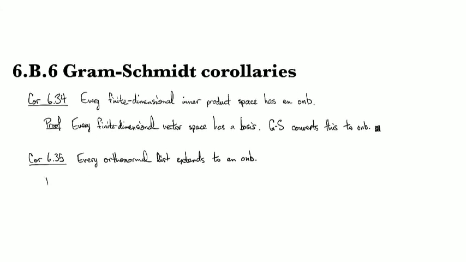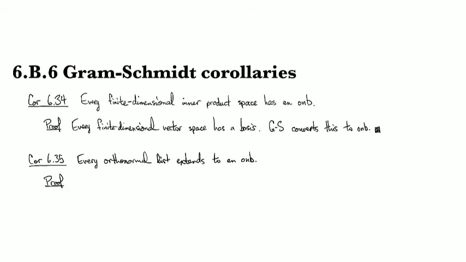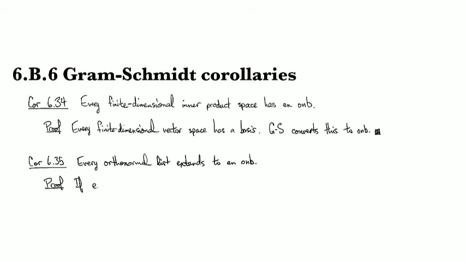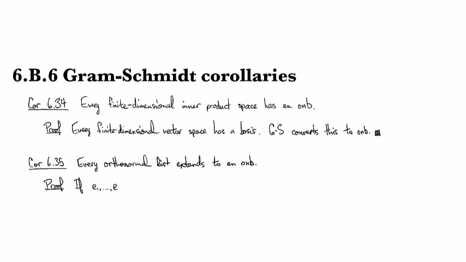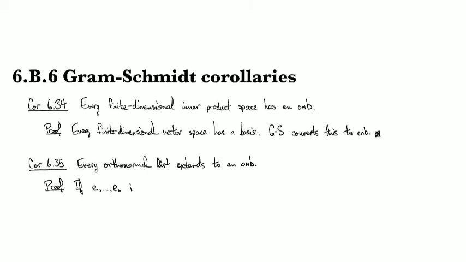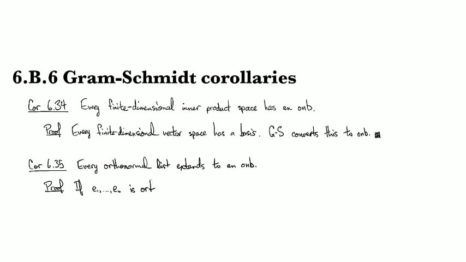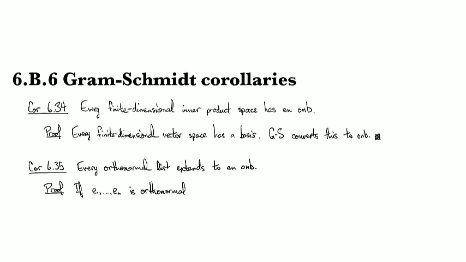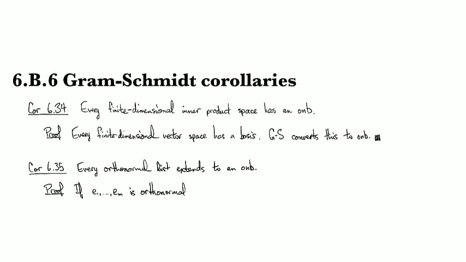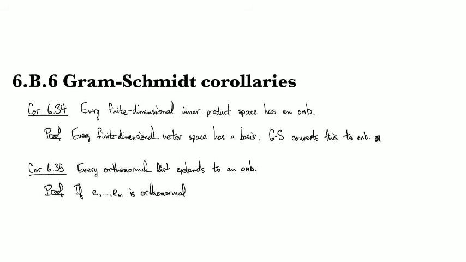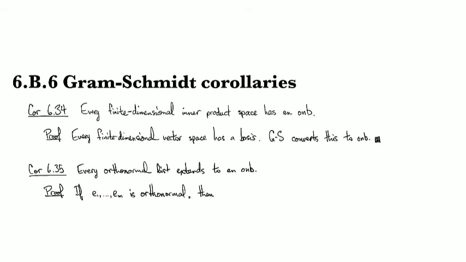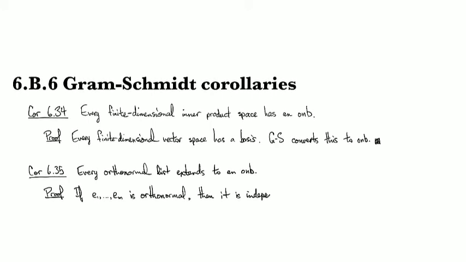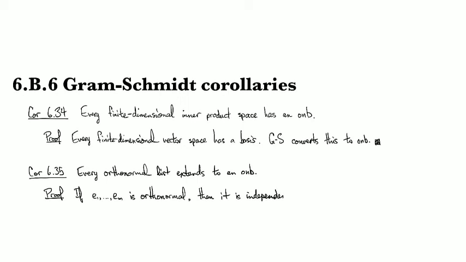And so let's see. If we have an orthonormal list, let's go up to E_M. So if E1 through EM is orthonormal, then we saw earlier that an orthonormal list is independent.